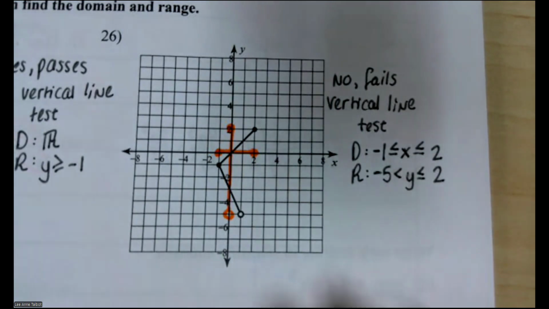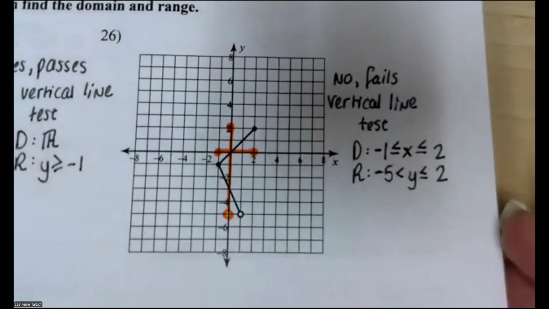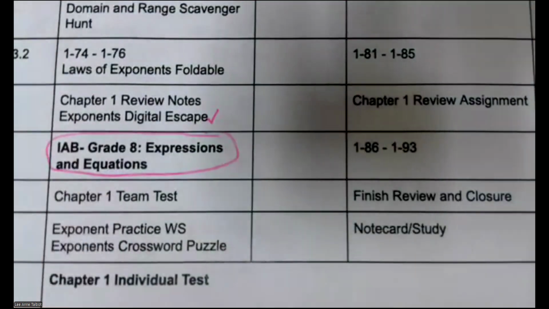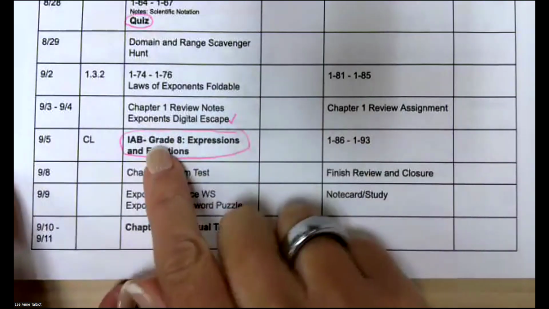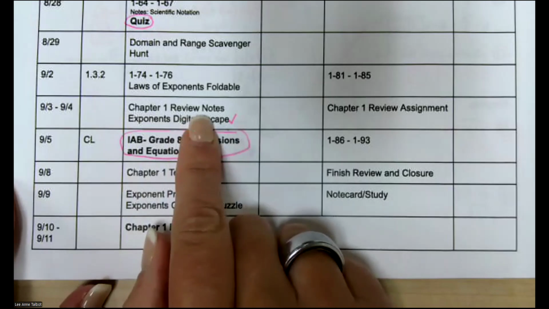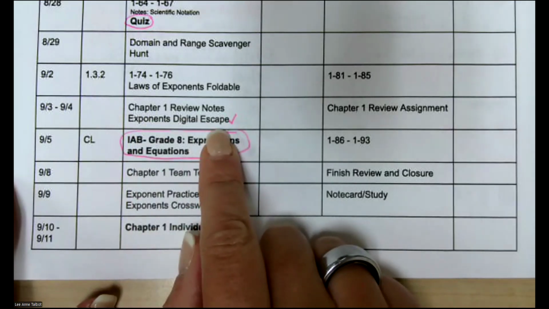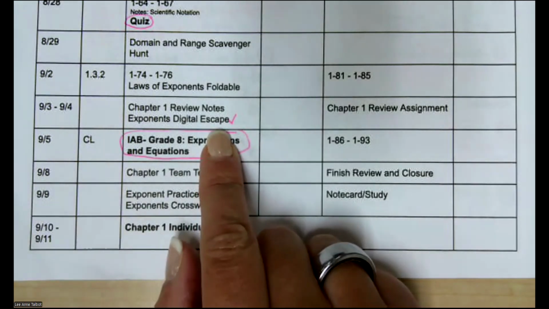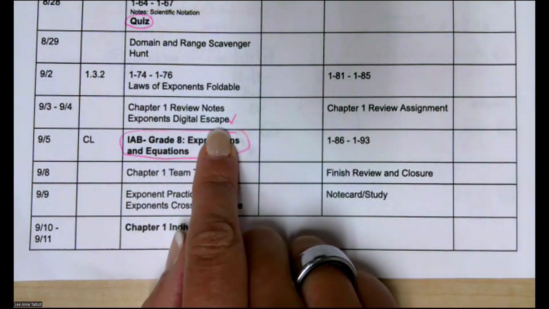Okay, now can you guys look at your stamp sheet side, please? We just did this. For the rest of the period, you guys are going to work on the exponents digital escape. It actually won't take you that long. It's kind of ridiculously easy.